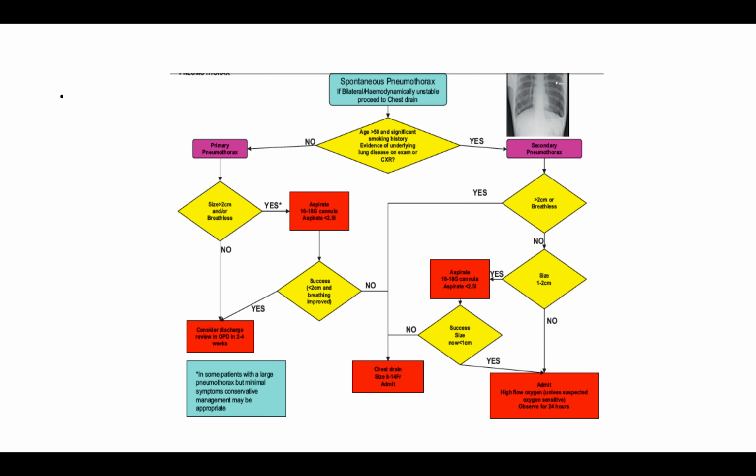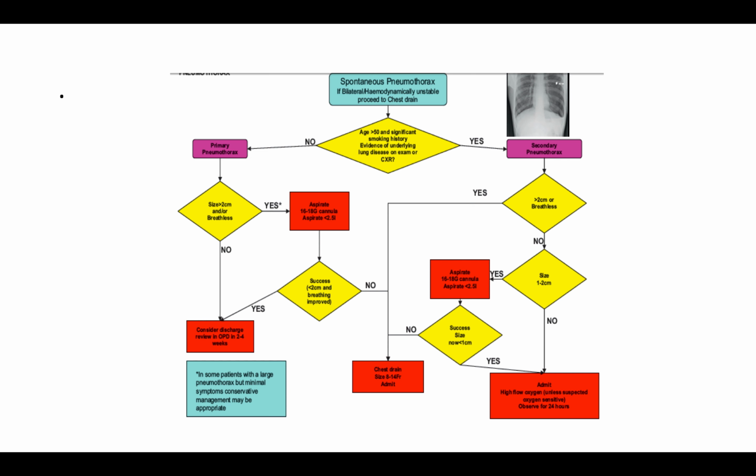If this aspiration is successful, which means that the size is now less than 1 centimeter, then the patient should be admitted and observed for at least 24 hours. They should be given high flow oxygen except in patients with COPD, where oxygen needs to be given with caution. If the initial aspiration is unsuccessful, then a chest drain should be inserted.